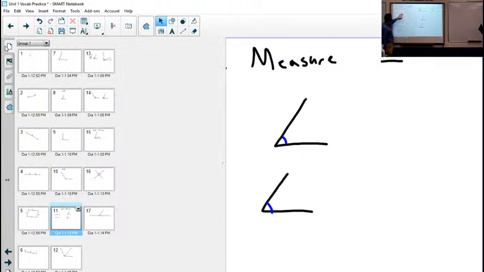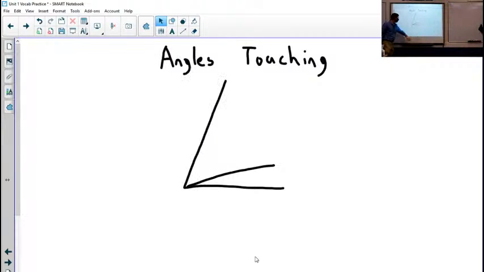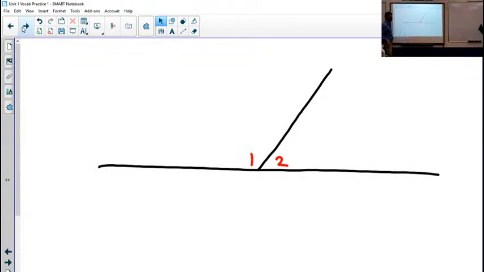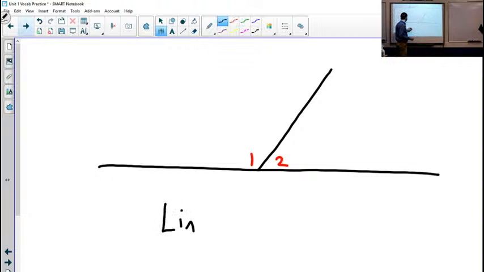All right, to recap these last couple: angles right next to each other are adjacent. Vertical angles are right across from each other. And then I got one more. These two angles make a straight line. So think line. This is not a tricky one to remember once you know the words.